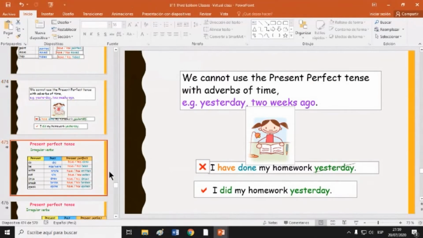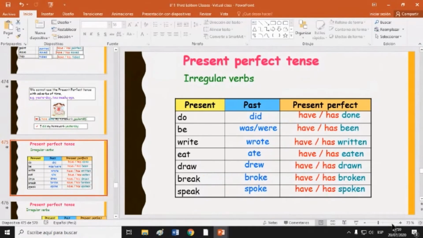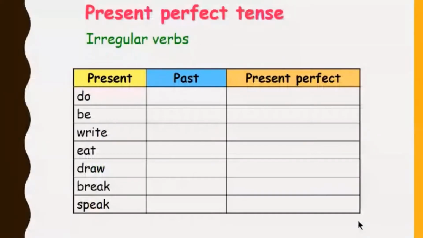Here you have with irregular. With regular, ed is the past participle. But with irregular it is different. Pay attention. In the present we have do. In the past you have did. Present perfect, the past participle, have or has done.